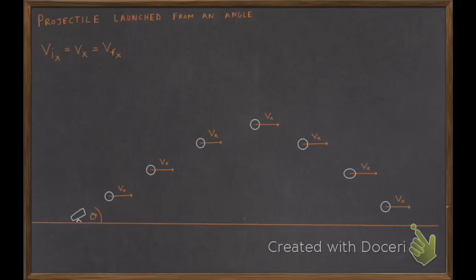If I was to draw an arrow to represent V, here is our initial velocity. Maybe I should do a different color. We'll make that blue. We'll make a nice arrow right there. There is our V.